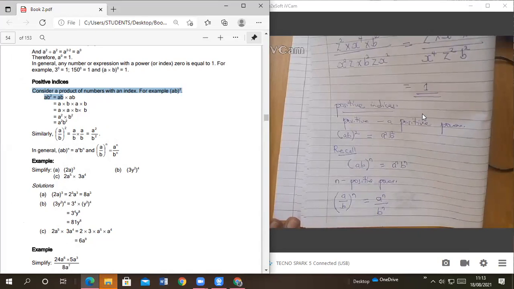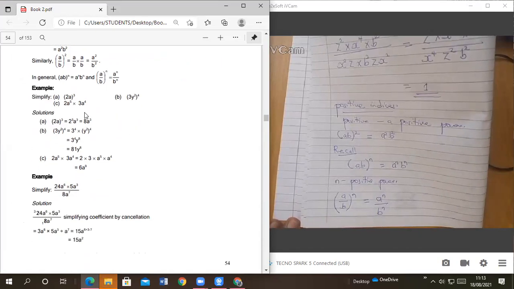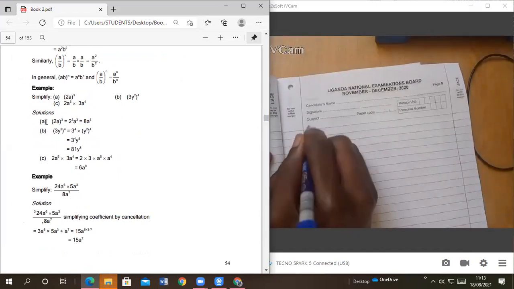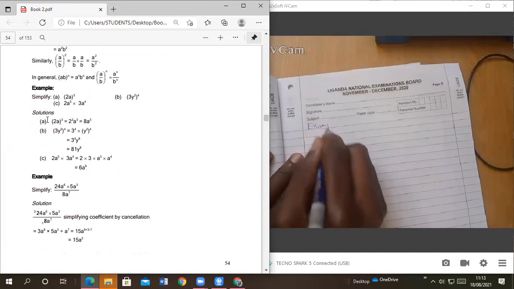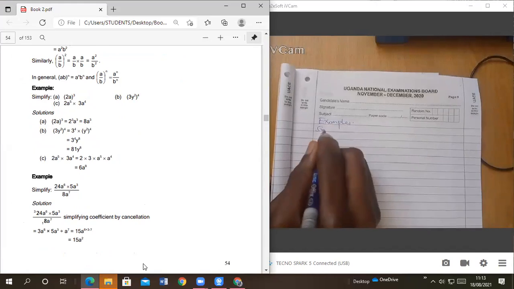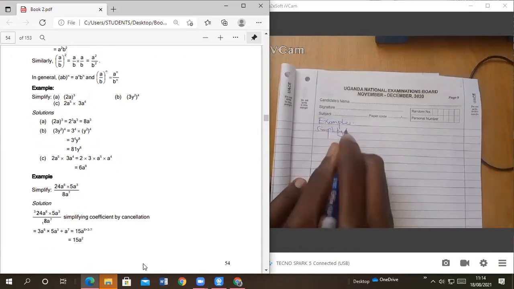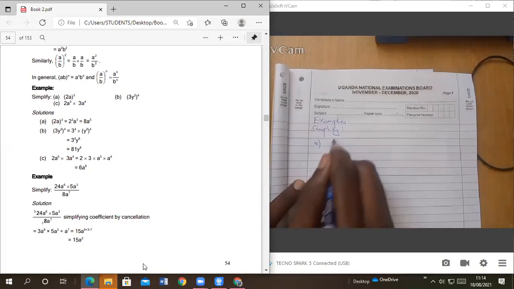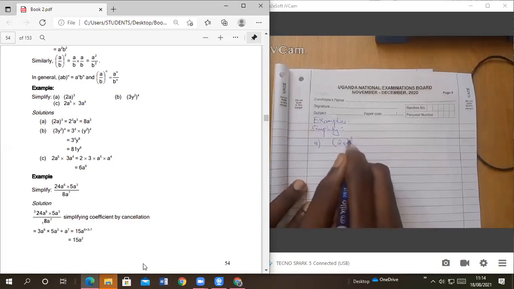Let's go to the examples down there. The question is: simplify. A: we have (2a) to the power 3.